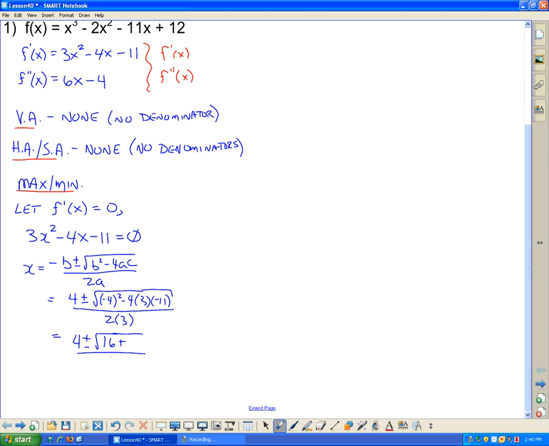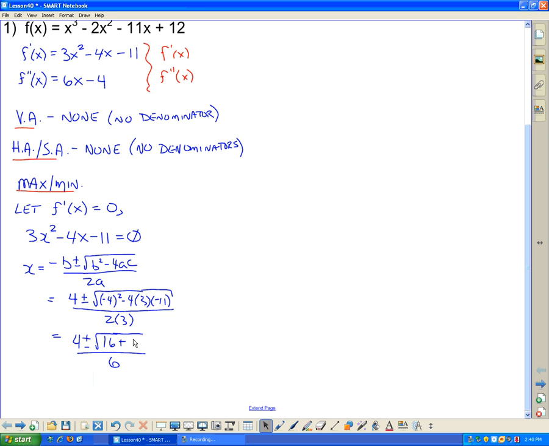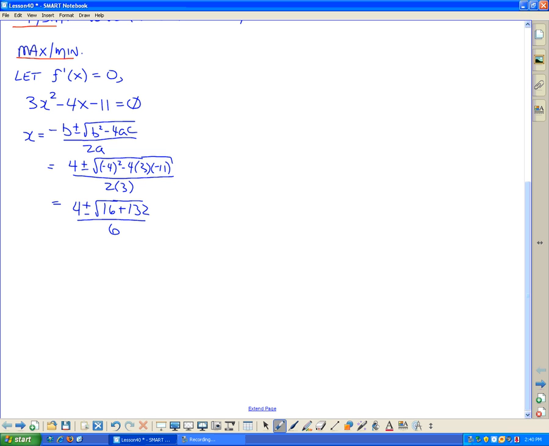And on the bottom, I'm going to have a 6. So we got 132. So that means I have 4 plus or minus the square root of 148 over 6. Now we're going to have to work with this.